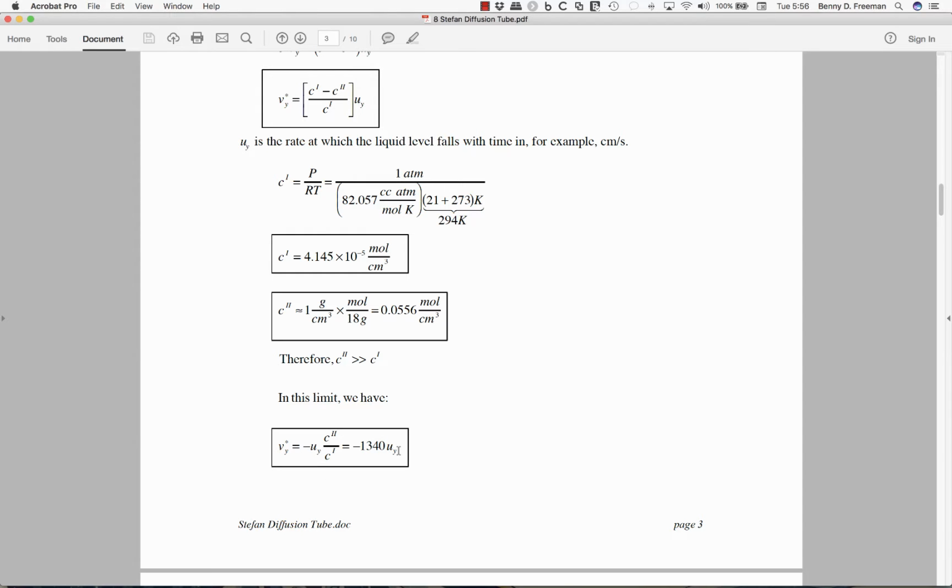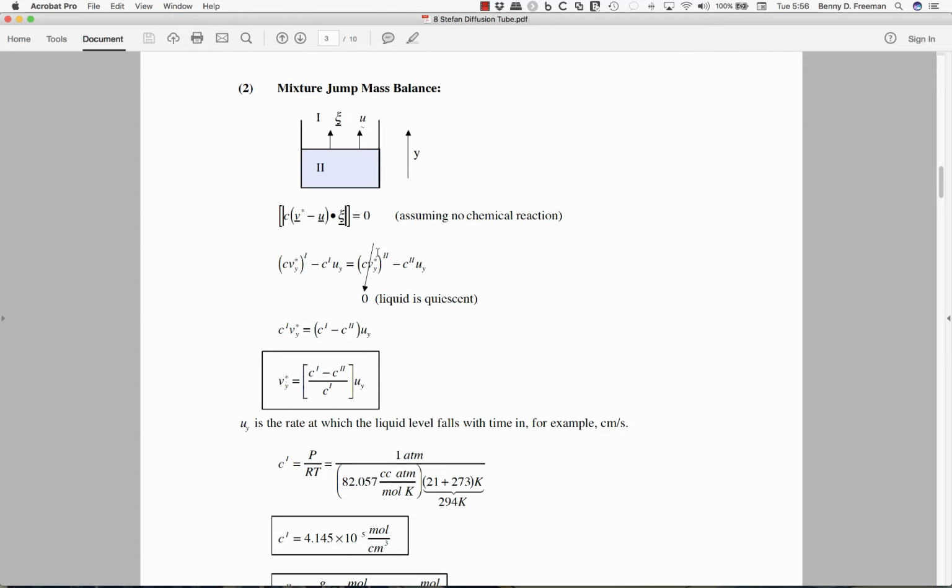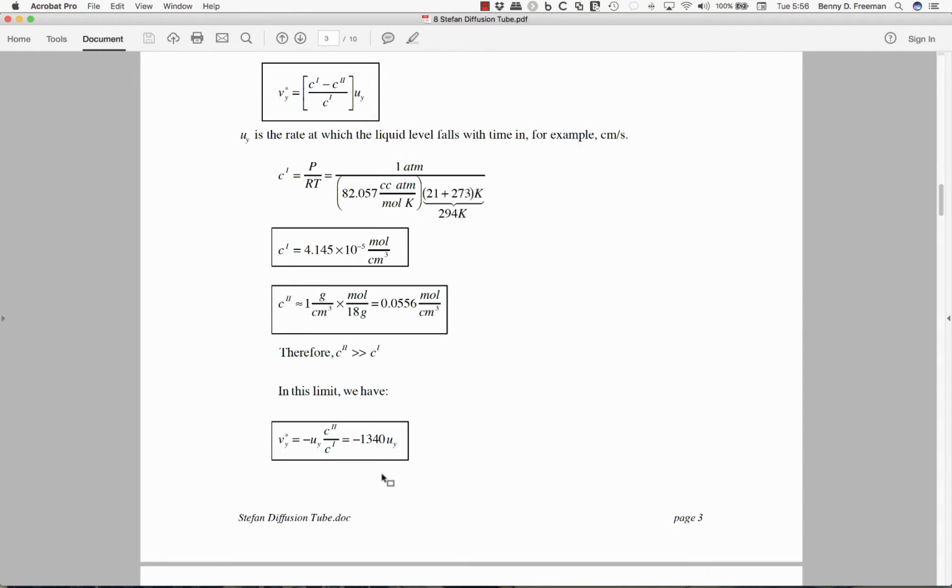Essentially, uy is negative as the liquid phase drops as the evaporation occurs. It also tells us the factor that relates the gas phase velocity and the drop in the liquid level, and that factor in this particular case is 1340.